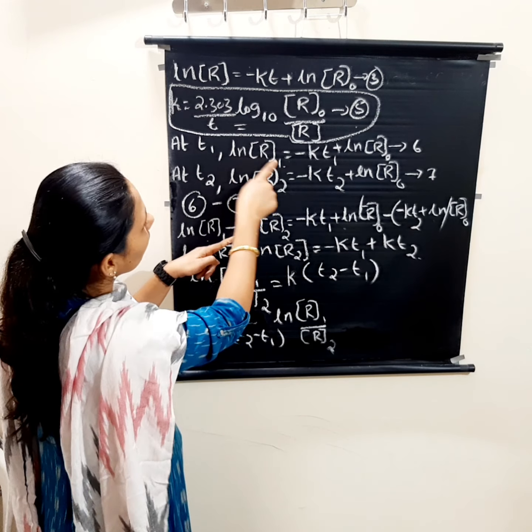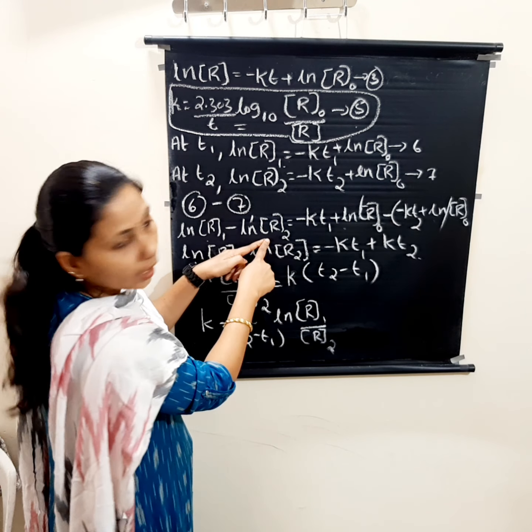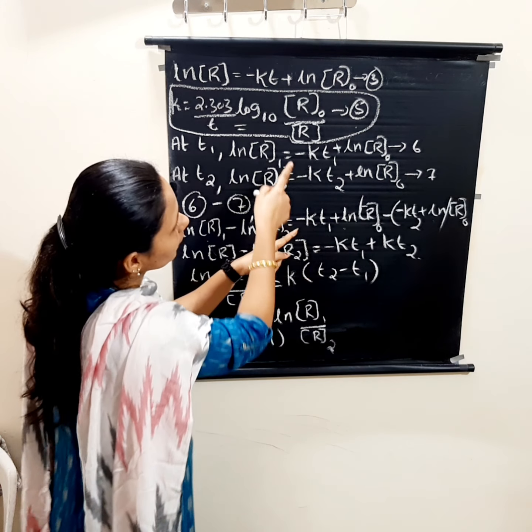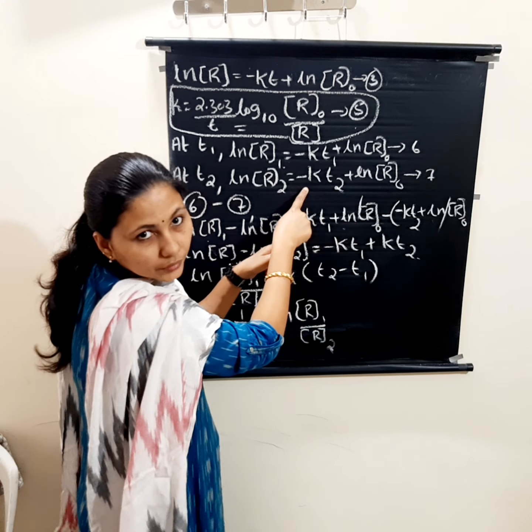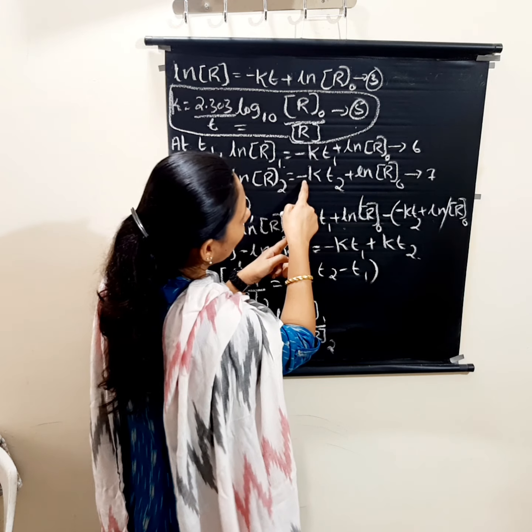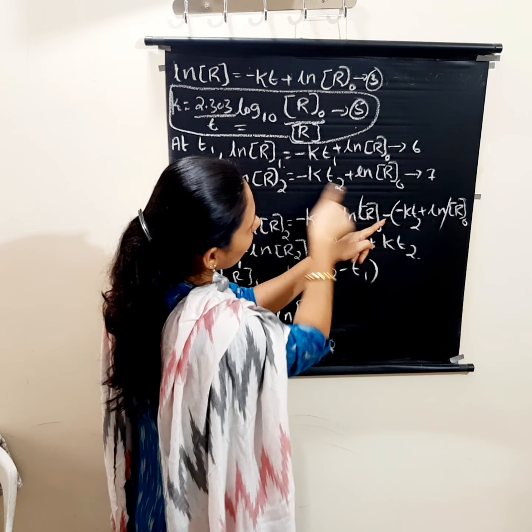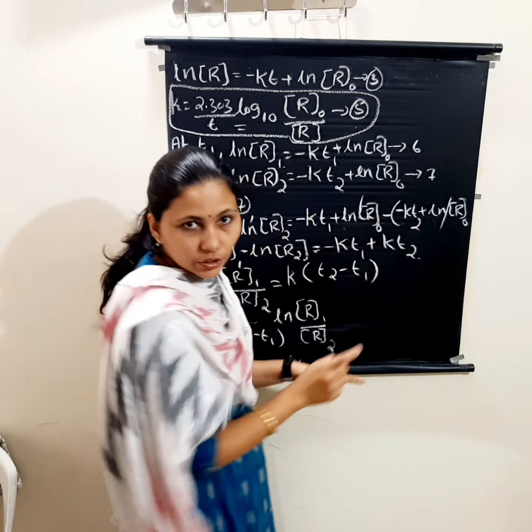ln r2 equal to, this is minus kt1 plus ln r0 minus equation 7, minus of minus kt2 plus ln r0. Clear?